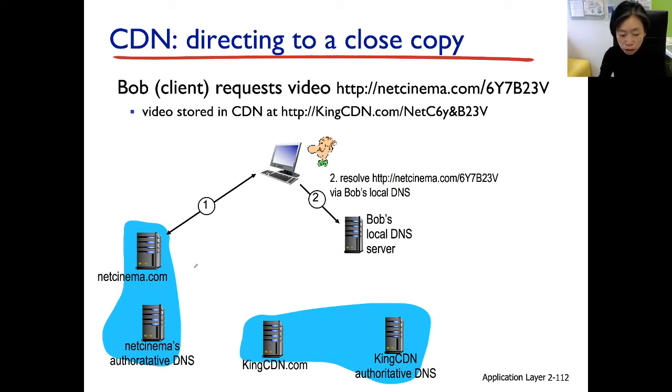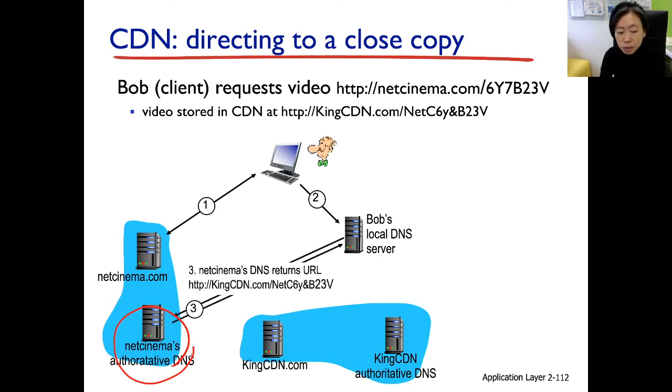The TLD server will share what netcinema.com's authoritative DNS server is. And so Bob's local DNS can direct the query to the authoritative DNS server for the IP addresses of netcinema.com. But what's really curious here is that the authoritative DNS server of netcinema.com, instead of returning an IP address, returns the redirected path. Okay.